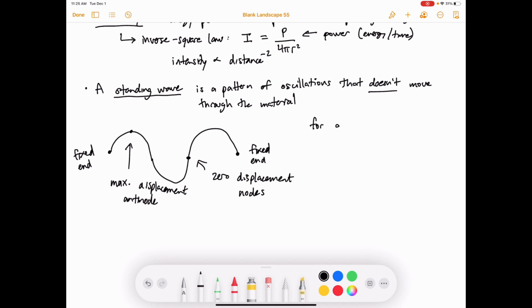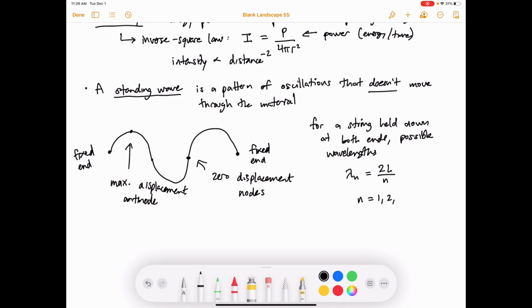So for a string held down at both ends, like we see here, the possible wavelengths are given by lambda_n equals 2L, where L is the length of the string, divided by n, where n is just some integer.